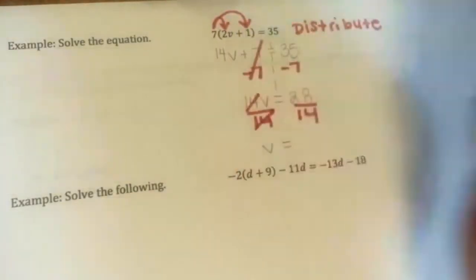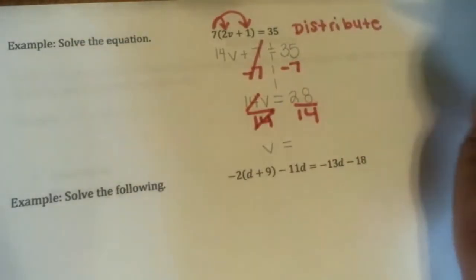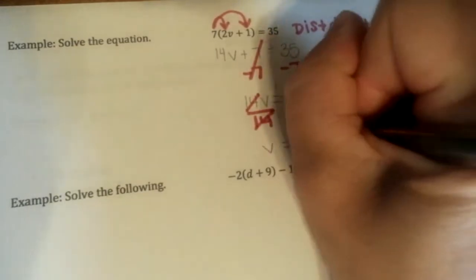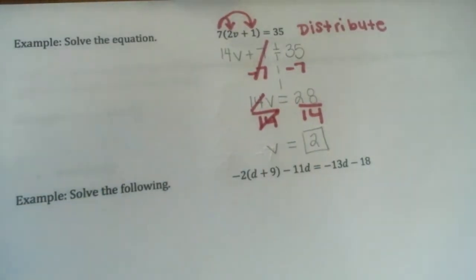I don't need to write that 1 in front. Equals 28 divided by 14. In our calculator, 28 divided by 14 will leave us with 2. That's our answer. So v equals 2. We got v by itself. We are good to go. The answer is 2. Again, in the homework, just put 2.